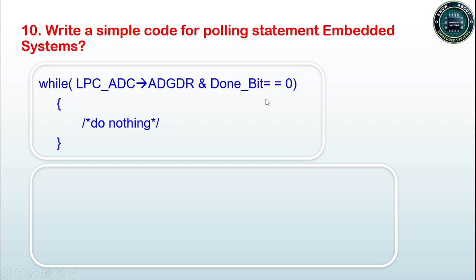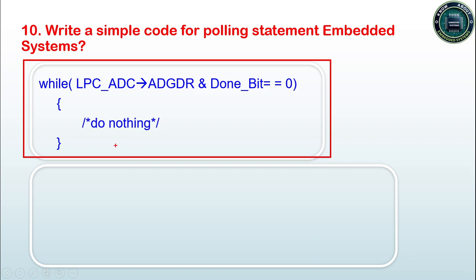If it is 0, do nothing. This is called polling. If the done bit is 0, you stay here only and do nothing. If the done bit becomes 1, then you exit from this while loop and do some other part of the coding. Then your processor will execute some other functionality.